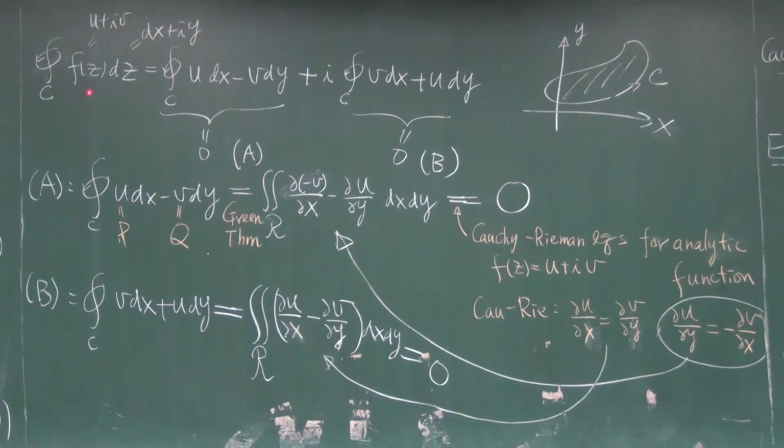All these functions are analytic functions. Now, when all these analytic functions are integrated along a closed curve, any closed curve, you will get 0. Okay, it is a very important result.